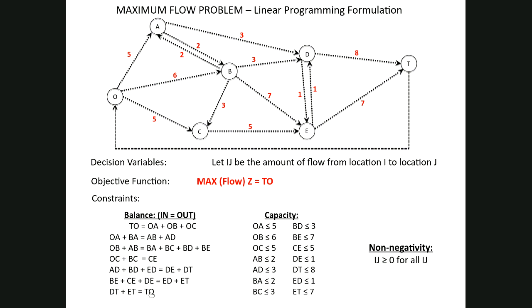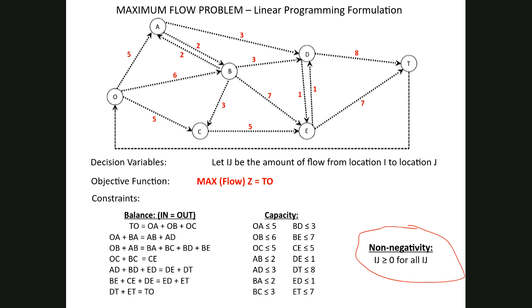And we're going to have 14 capacity constraints. If you count these up, each one of these pipes has a capacity. And of course, as always, we don't want to forget our non-negativity constraints. So that's our complete formulation.